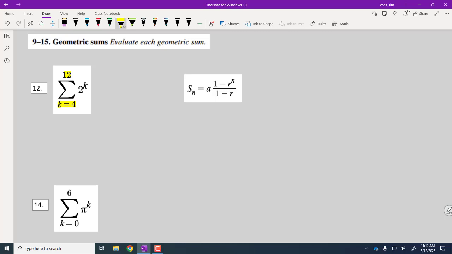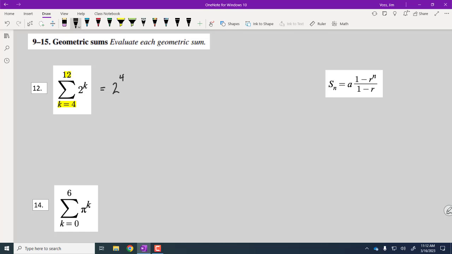So let's do this. Let me show you, and then we'll come up with a way to confirm it. What is the first term in this series? 2 to the 4. Let's write it as 16. Okay, what is the next term in the series? What is our common ratio? Right, our common ratio is 2. So here are the terms in the series.